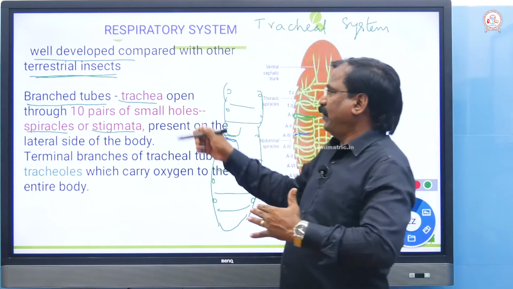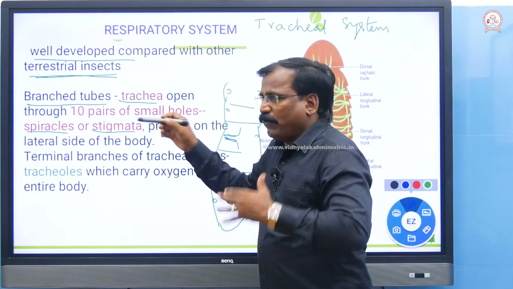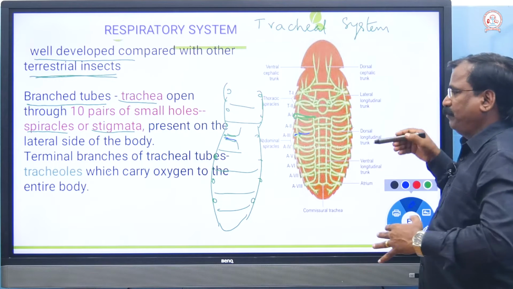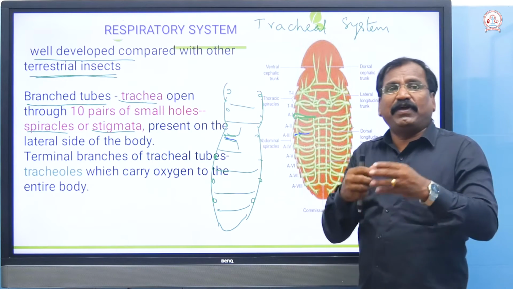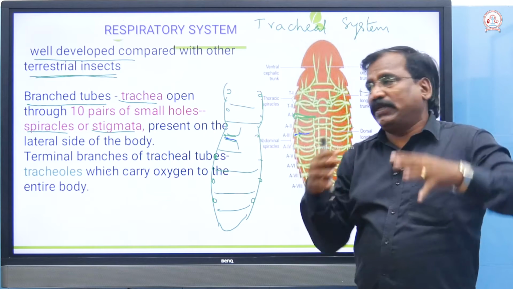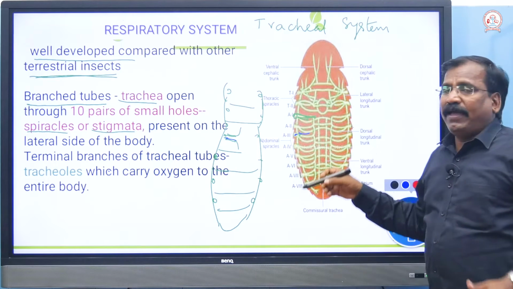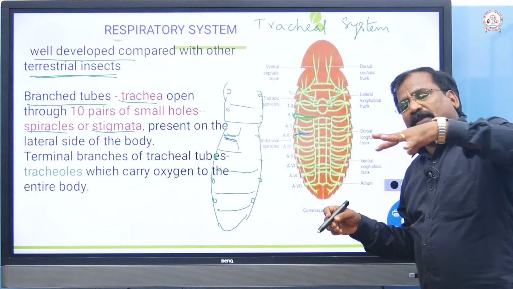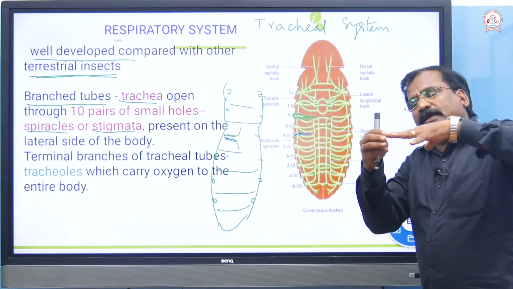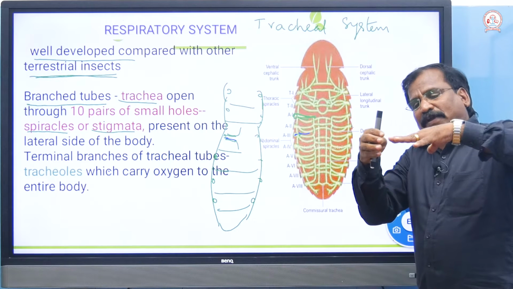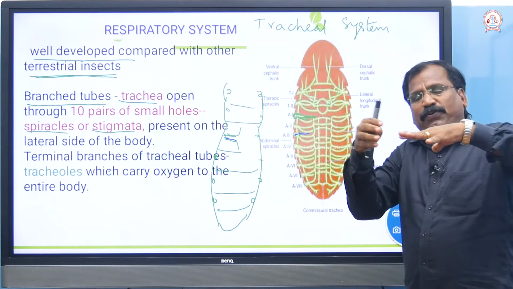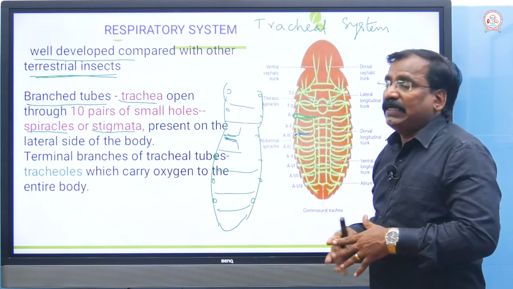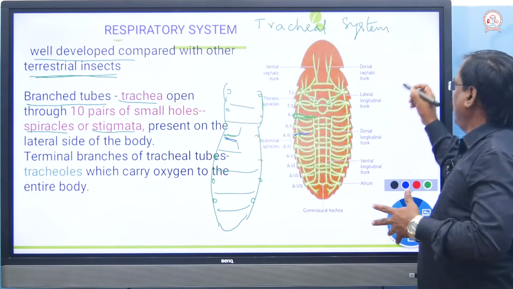The openings are called spiracles, then trachea and tracheoles. The highly branched tubules are called tracheoles. As I said already, they are bathed in the hemocoel, the body fluid, namely blood or hemolymph, which carries the oxygen and distributes it to the tissues.